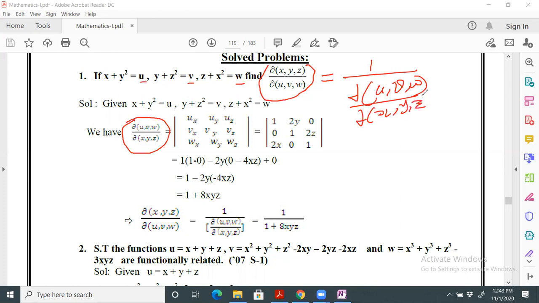But they are asking for the reverse case. So we require the Jacobian of x, y, z with respect to u, v, w. Writing it as 1 by the Jacobian of u, v, w with respect to x, y, z. So we'll find the denominator value using our process and substitute. Now taking that Jacobian of u, v, w with respect to x, y, z, we have to take the determinant of 3 by 3.